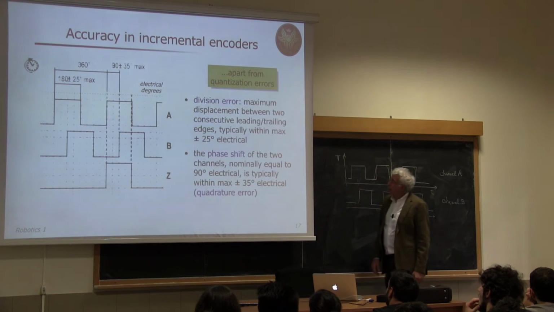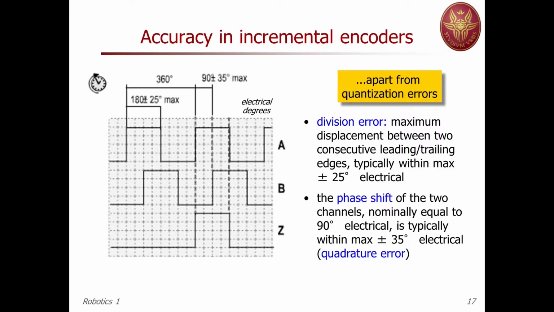Now, this is just a minor slide, I would say, that points out why we cannot multiply by 8, 16, this idea, because actually manufacturers of encoders may provide you this information on the accuracy of their measurement device.